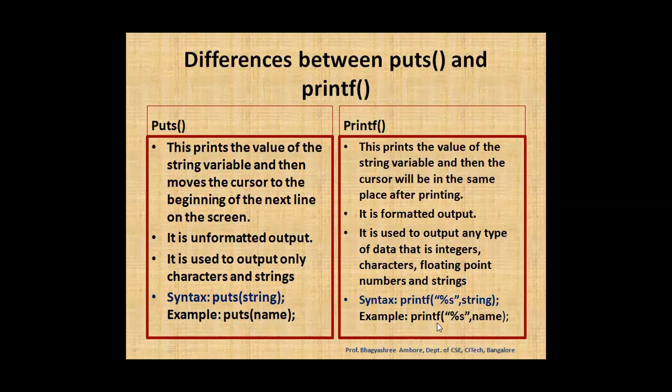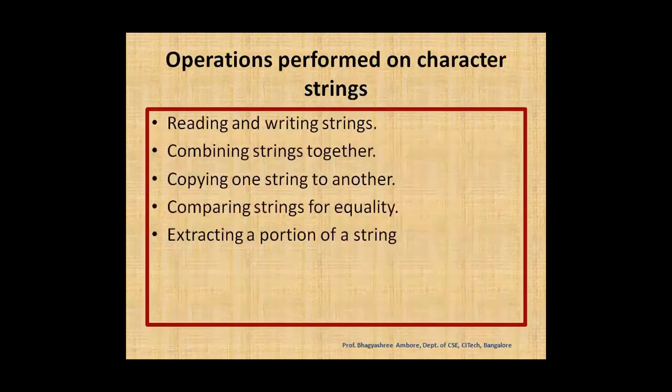In the case of printf, we have to use percentage s and then give the same array name as a parameter. So puts starts with a new line, but printf will continue in the same line.